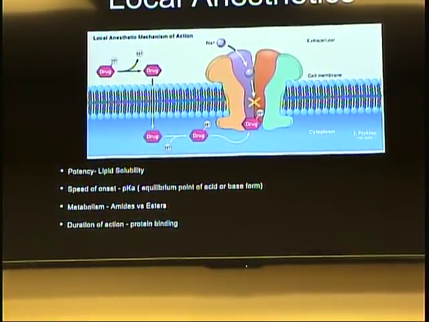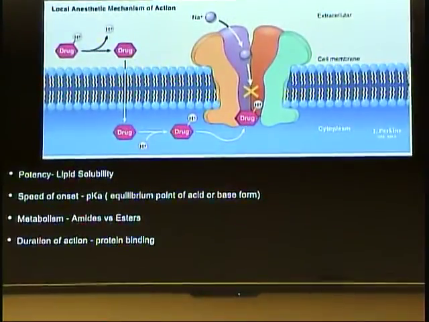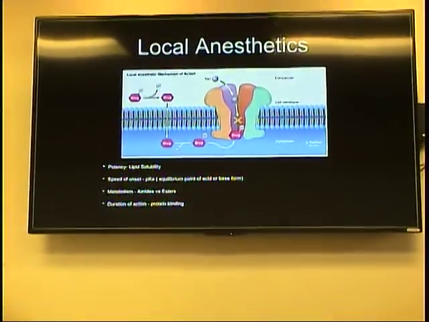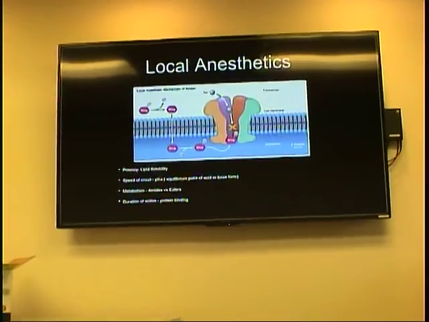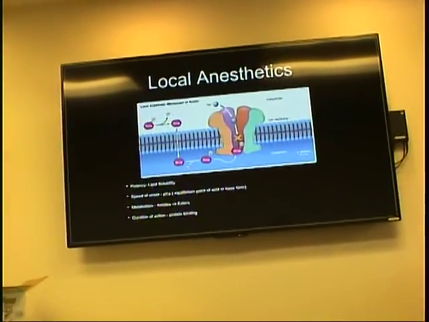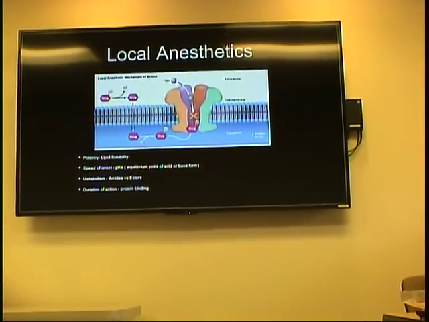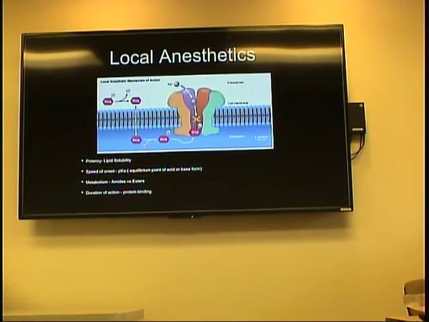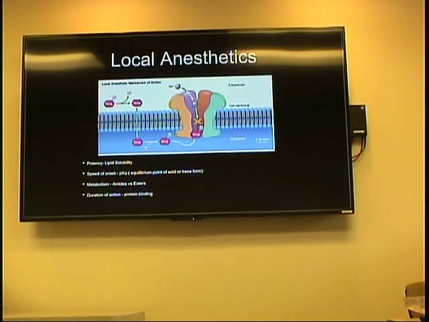So local anesthetics, how do they work specifically? The potency of a local anesthetic is determined by how lipid soluble it is, so essentially how quickly it can get through that membrane layer. The speed of onset, which is different than potency, is related to pKa. Essentially, the drug exists in your body in an equilibrium between an ionized form and a non-ionized form.